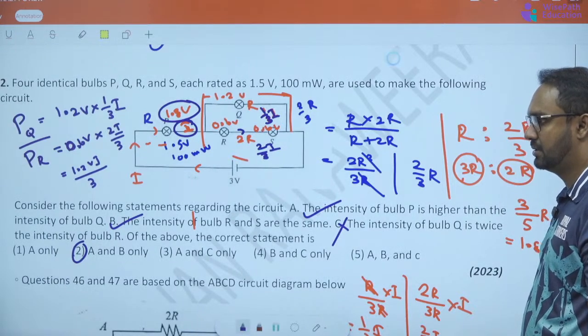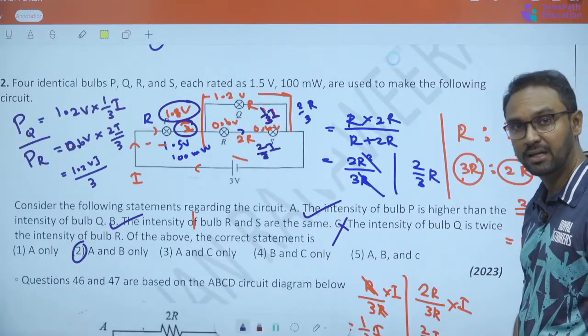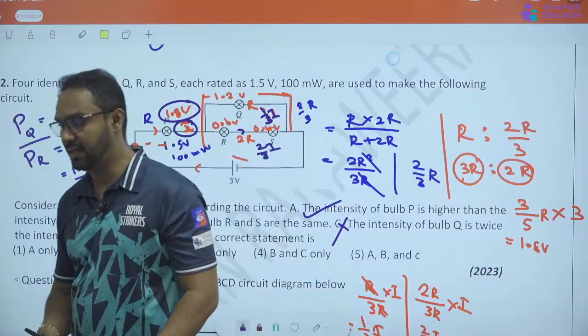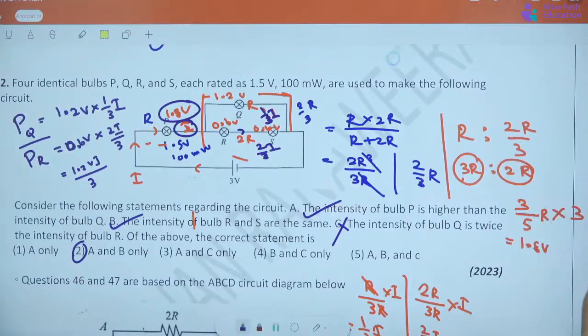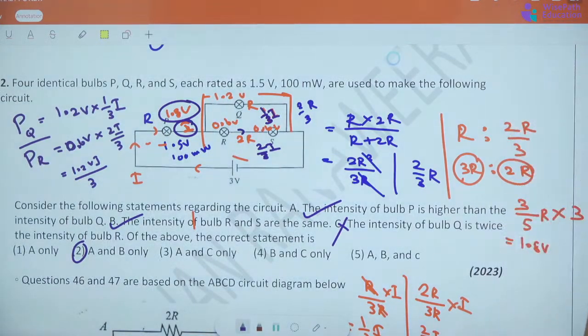So take a few seconds and try to get the idea. I explained it a little bit further for your basic understanding. You don't have to go this much, but it's better when you understand it this much. It'll be easier to get the answer, right? So take a moment, take the notes if you want.